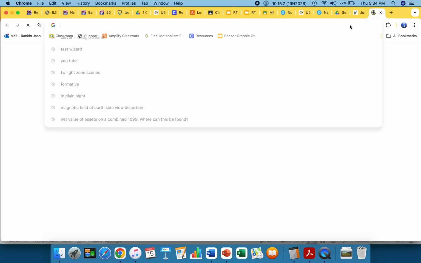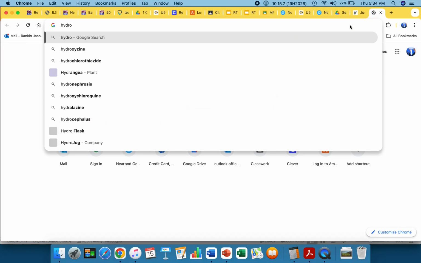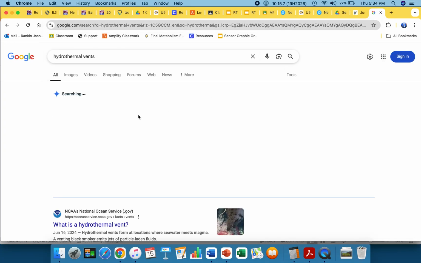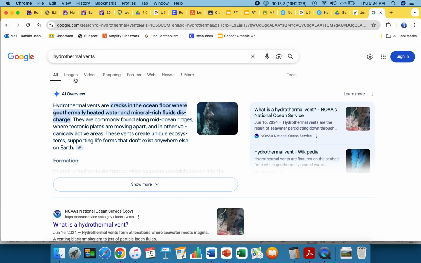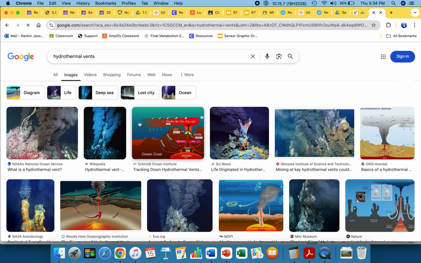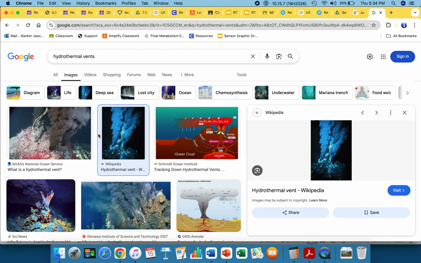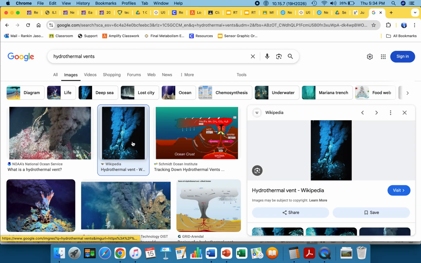All right, so hydrothermal vents are going to be kind of like these volcanoes, or vents in the ocean, that will shoot out the hot material.